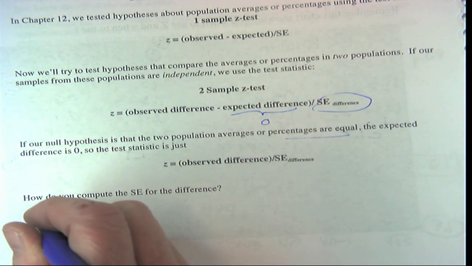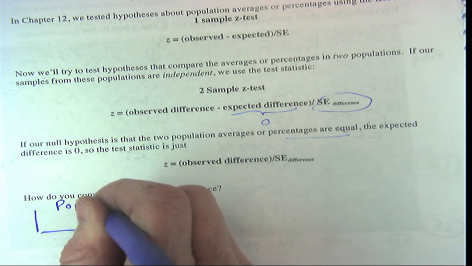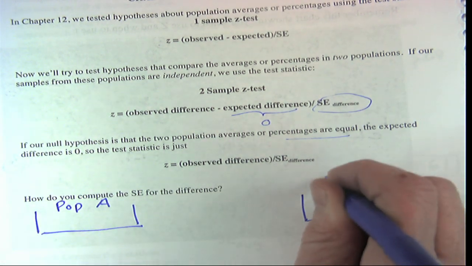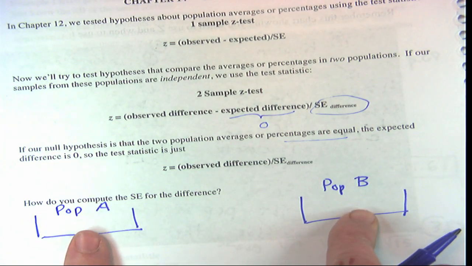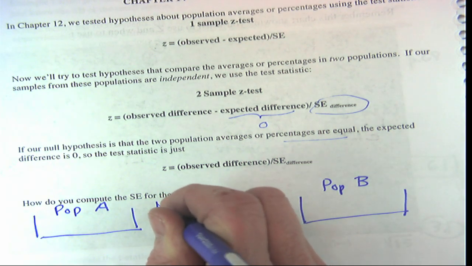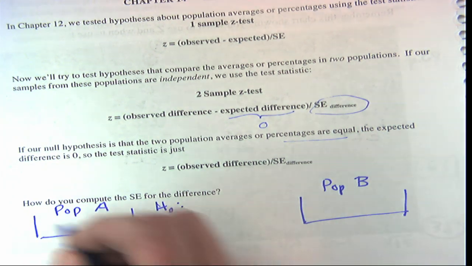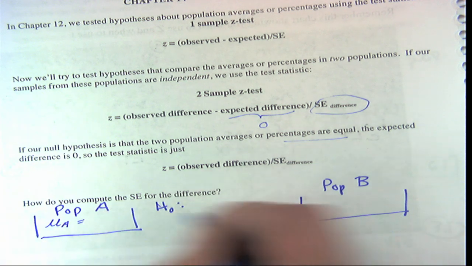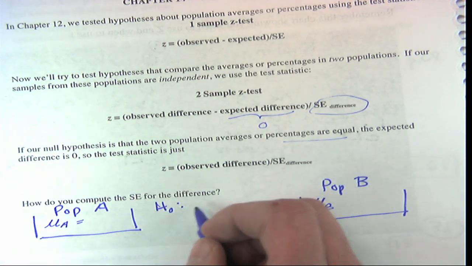You have two populations. I'm just drawing these null boxes. Let's say it's population A, and here it's population B. And the null hypothesis, as we said, is that the difference between them is 0, the expected difference under the null. That's the same thing as saying the mean of population A and the mean of population B is the same.